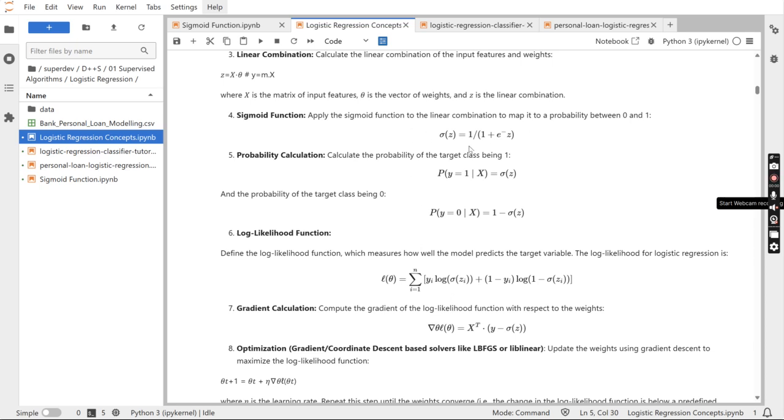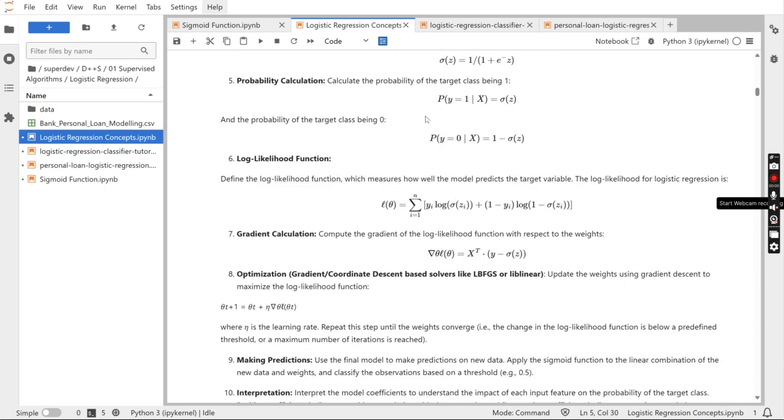Once you get the z value, you pass your entire equation to sigmoid and get the probability. That probability is determined as either 1 or 0, and that depends on the threshold value. You will set the threshold value.